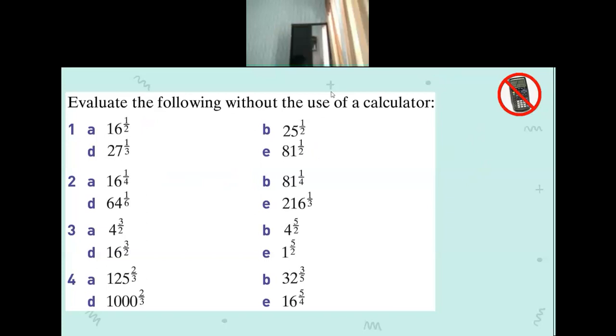Hello? Still not audible? What would happen to my voice?